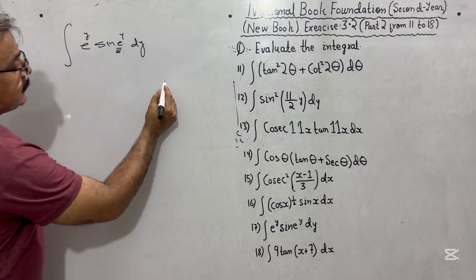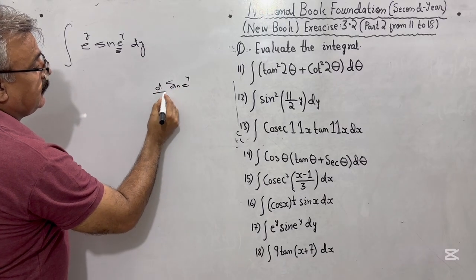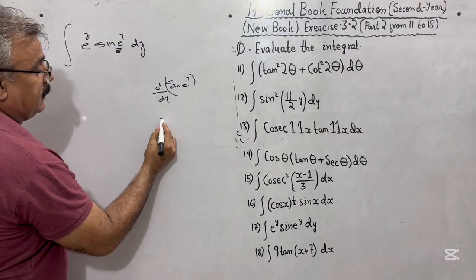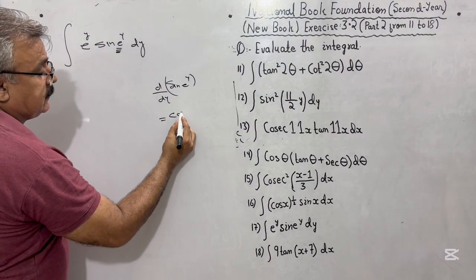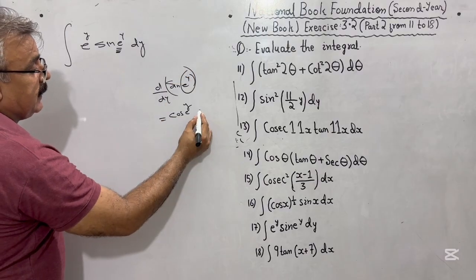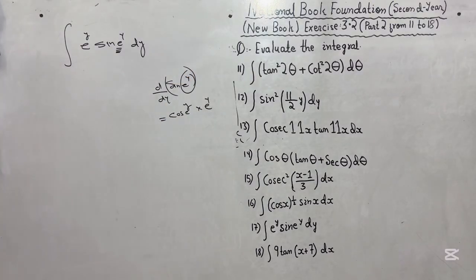Okay, let's differentiate sine e raised to y with respect to y. It will become the differentiation of sine, which is cos, the angle the same, then the differentiation of the angle, e raised to y, which is the same, e raised to y.